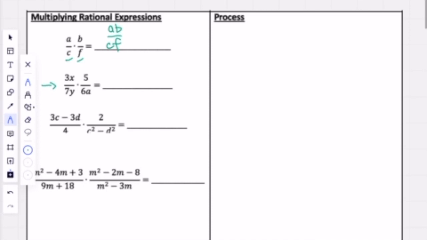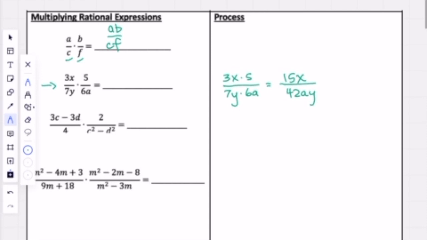We can start this process just like we did before, and we can say that this is going to be 3x times 5, and that's all going to be divided by 7y times 6a. Now, if we multiply those expressions together, we would have ended up with 15x divided by 42ay.